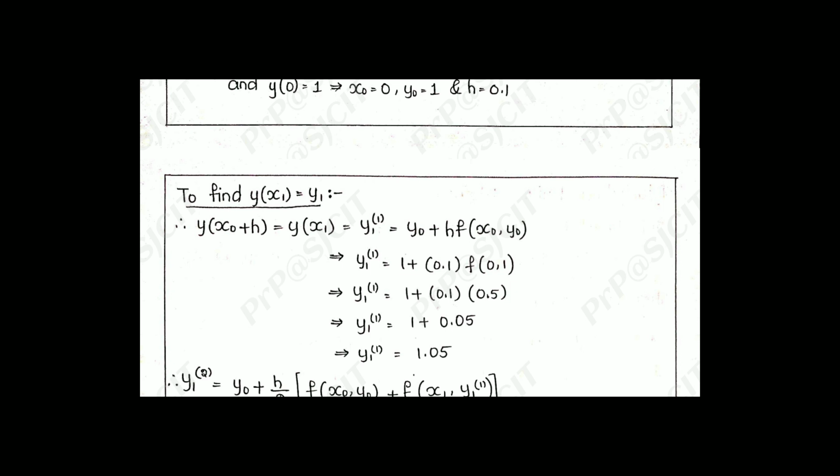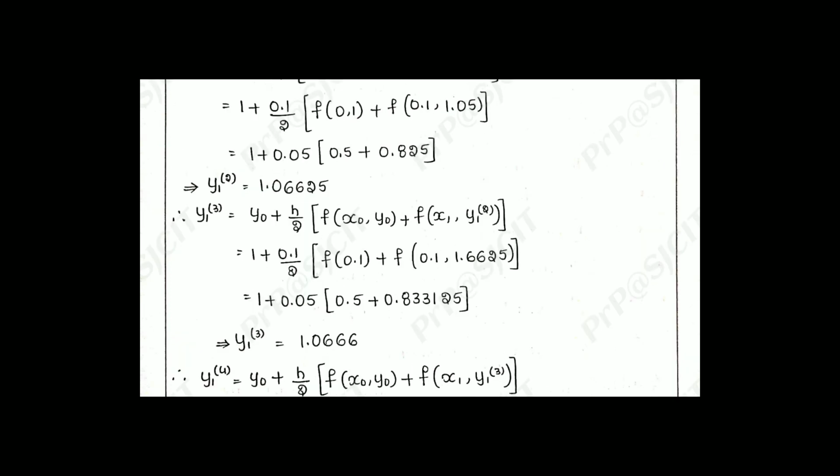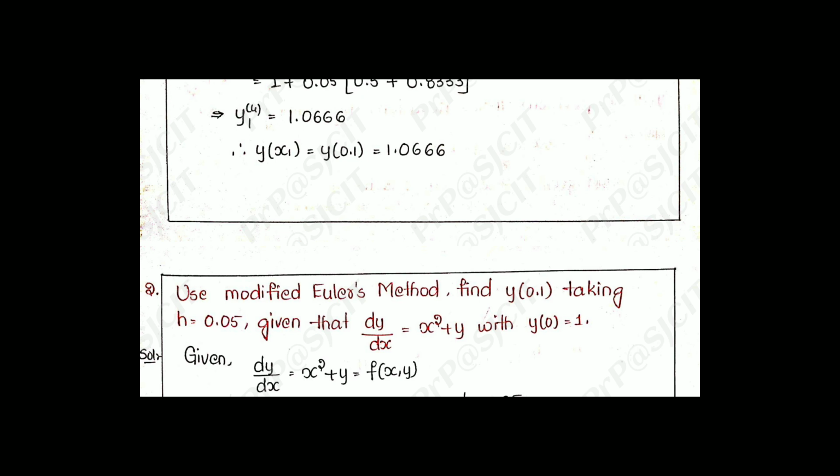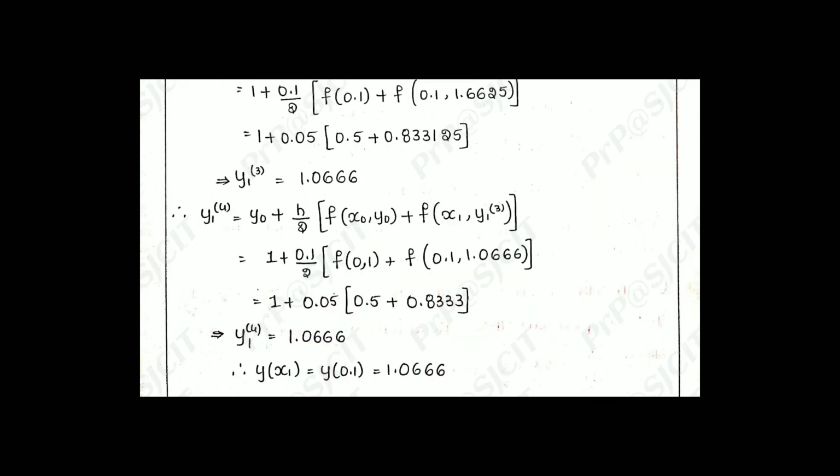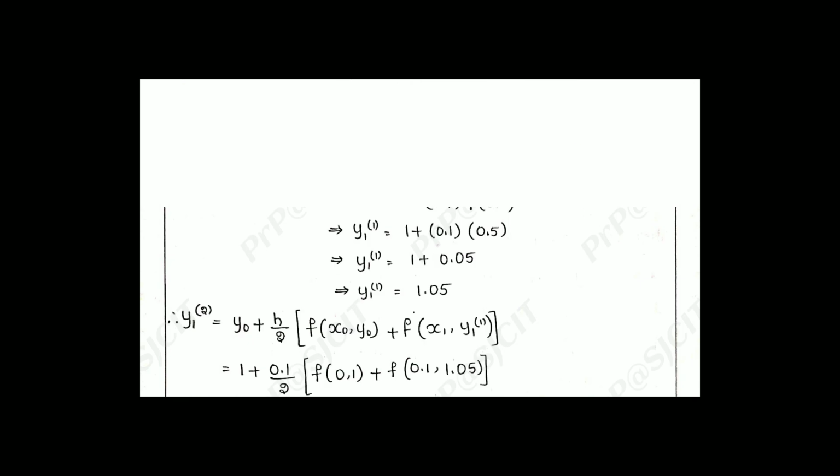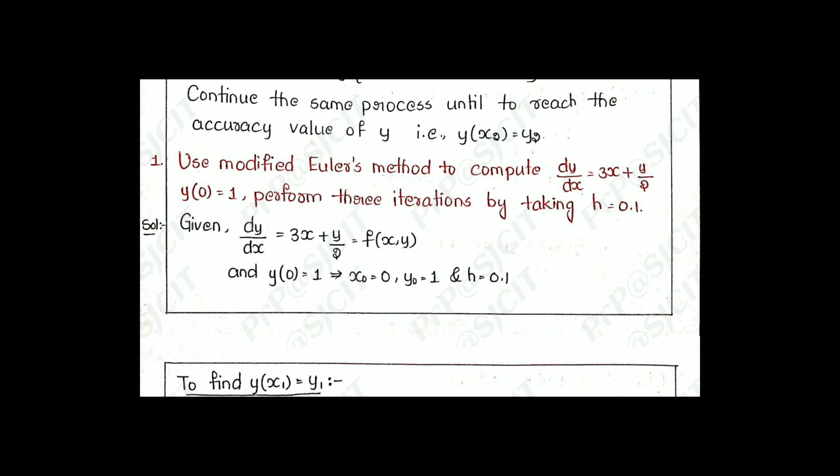Similarly, substitute the values y1 for iteration 2, iteration 3, and after that iteration 4. Like this we have to solve the problems. And this concept is one of the easiest concepts.